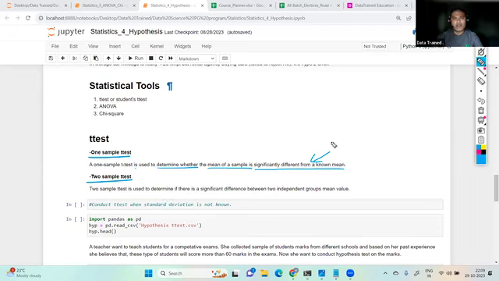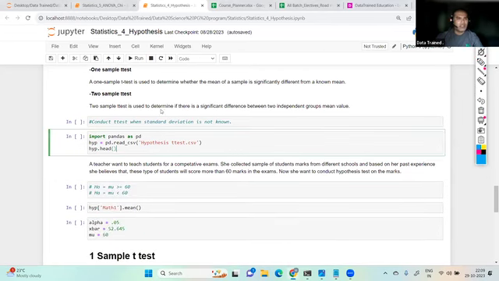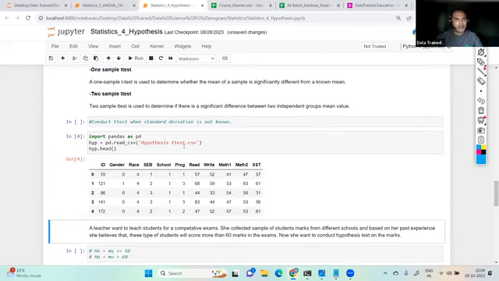For that, we will take one data set. It is available in the GitHub repository, hypothesis t-test. This is the data here. This data set is about students' scores, marks. Gender is also there, 0 means, let's say, male, 1 means female.